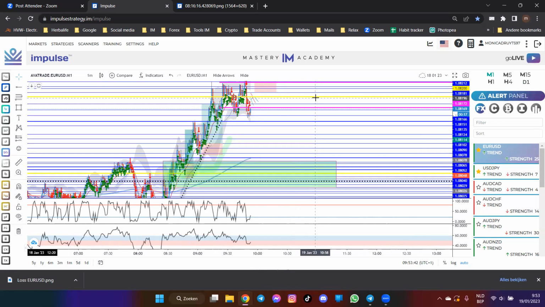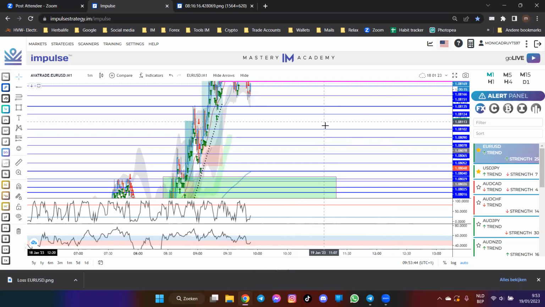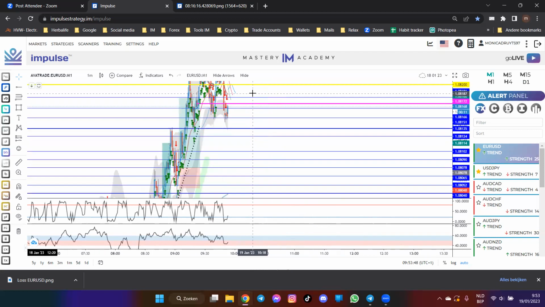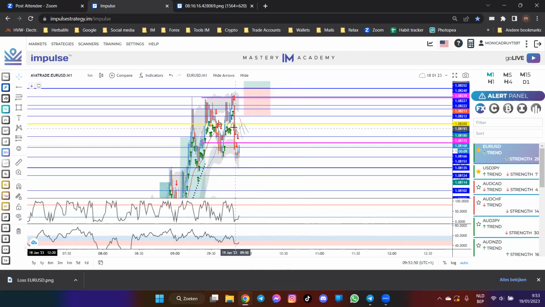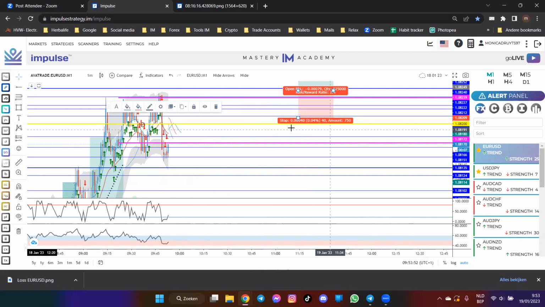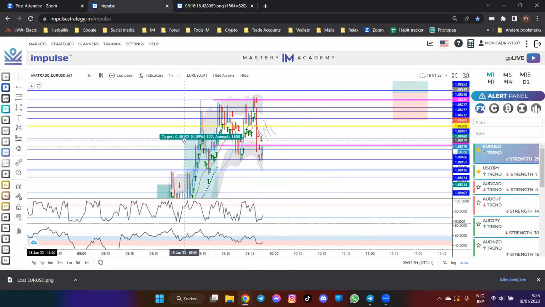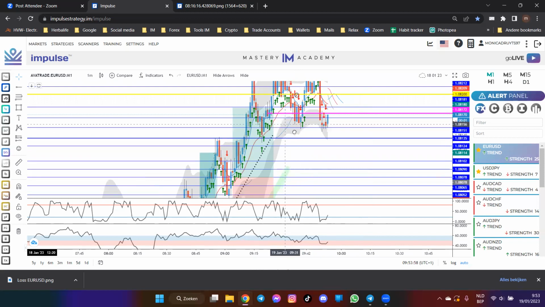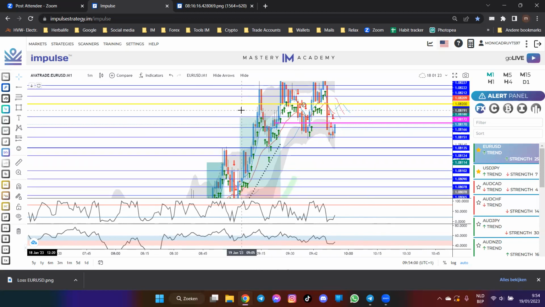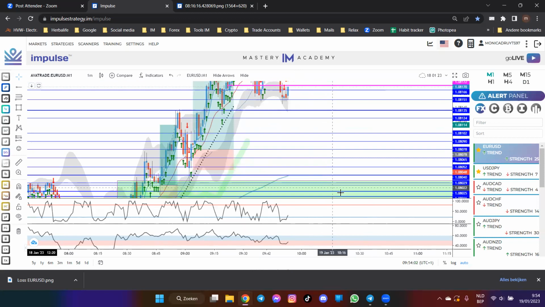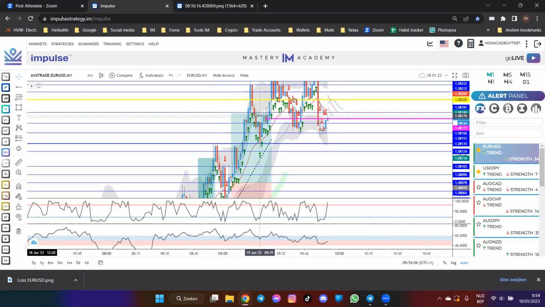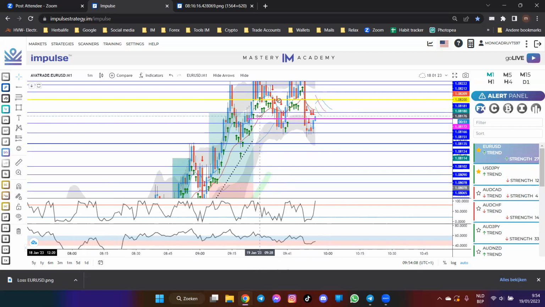Mostly it's just the structure, mostly a little bit under the institutional level. Mostly it hits the institutional level. It already also did today. But I place my setups a little bit under it, because it has happened to me plenty of times, even with a pip away, that it reverses and kicks you out. So I just take it here. Okay, cool.